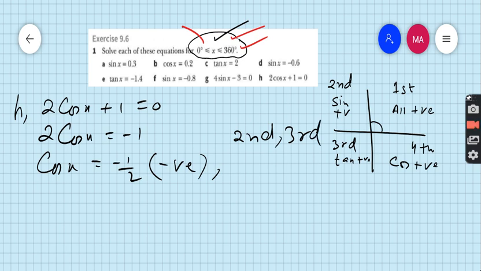So one value should be less than 180 and greater than 90, and one value should be greater than 180 and less than 270. So first we have to find the value of x, cos inverse minus 1 upon 2, with the help of a calculator.